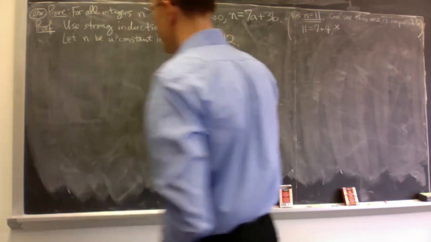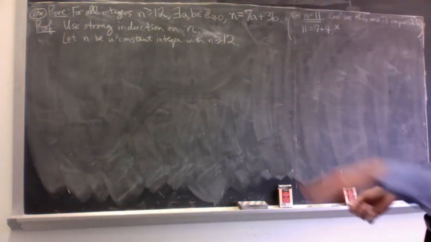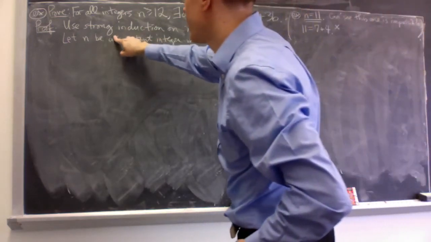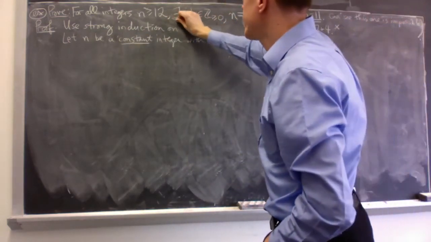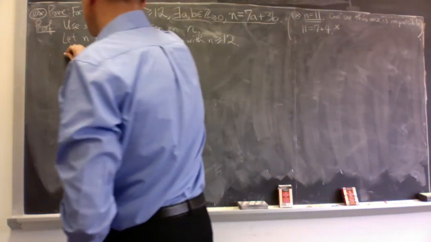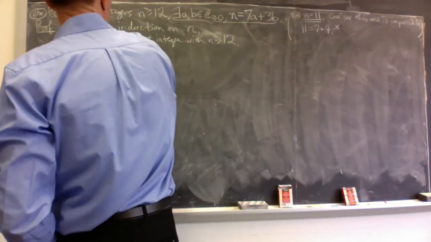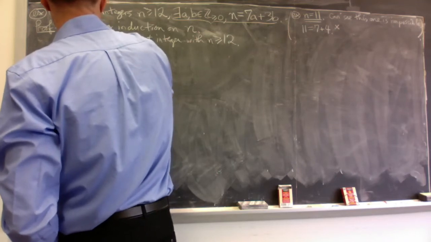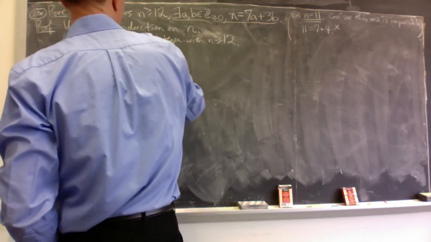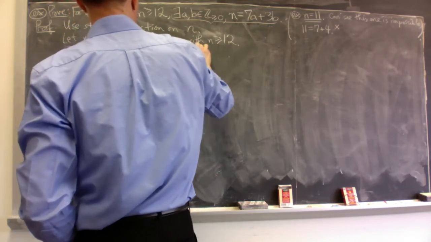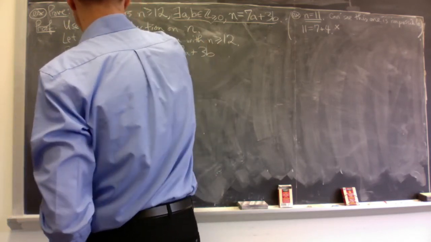Just for some variation here, I didn't say fix, but this is what it means when I say fix. It's constant. Okay, and then we have to prove, and in this case, the inside statement has quantifiers. There's other variables that are quantified. That's allowed. So this whole thing here is P of n.